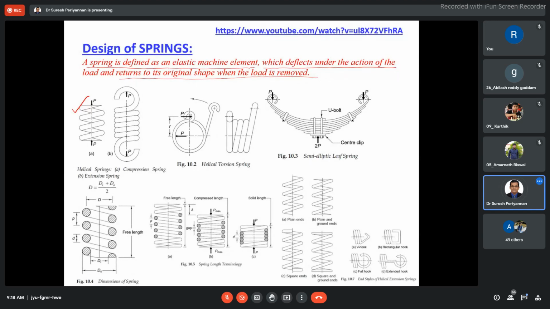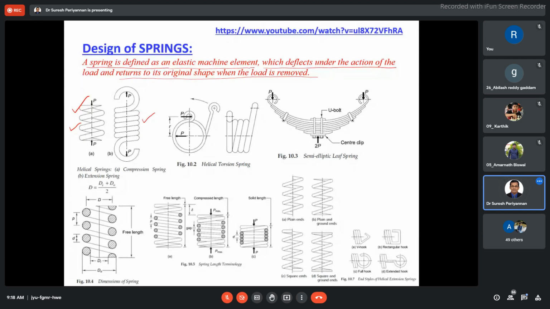The helical spring can again be classified into compression spring and tension spring. See, the first one is the compression spring, the second one is the extension spring. When you apply the load, the first spring is going to be compressed. When you apply the load, the second spring is going to be extended, right? In the extension spring, we cannot apply compression load because each turn of the spring is already compressed.